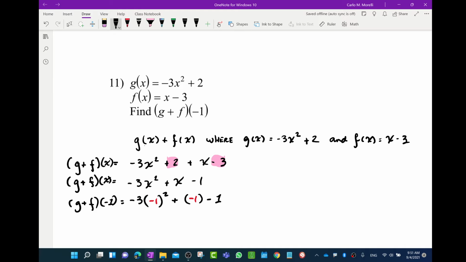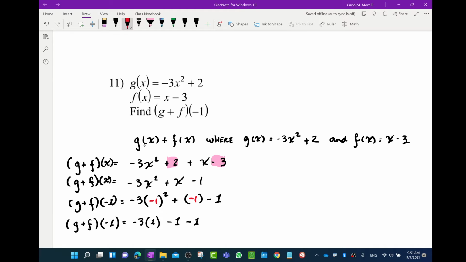Okay, the order of operations becomes extremely important here. So g plus f of negative 1 would equal negative 3, and then you do this first. You square negative 1. Now, squaring a negative number makes it positive, and 1 times 1 is 1. So this is negative 3 times 1. And then plus negative 1 just means minus 1, and then minus 1.